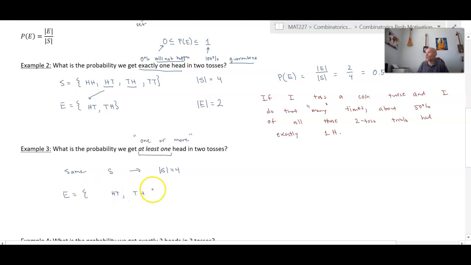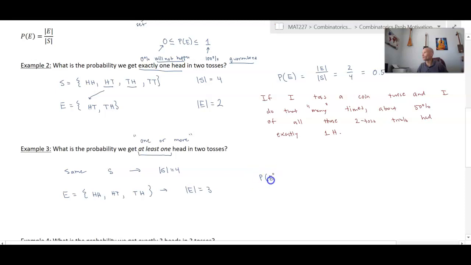There's exactly 1 head there. But then also HH has at least 1, right? In example 2, we're looking at getting just 1 head, but now we're saying, well, we're good with 1 or more. And the only thing that changes here is that now there's a higher likelihood that we win this game because now 3 out of the 4 possible outcomes result in the event that we want.